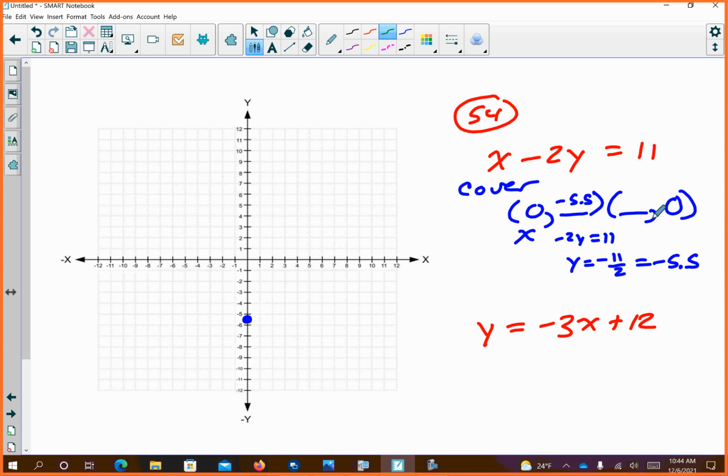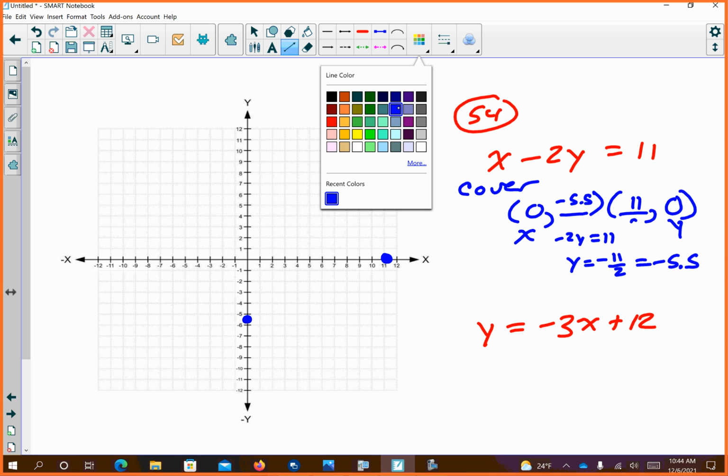And then this one, we'll also do in blue. This is a y value, so I'll cover with y, so I get 11 here. And then let's draw ourselves our line of best fit, excuse me.